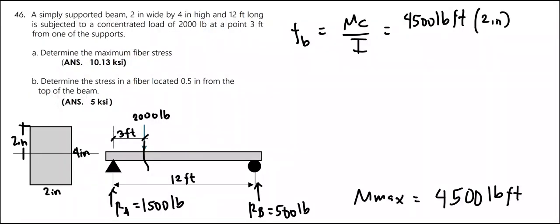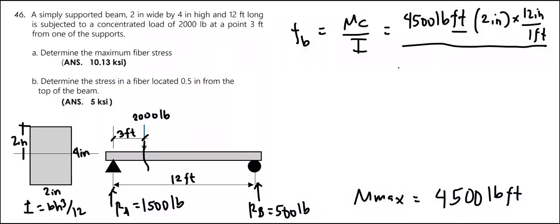And to make our dimensions consistent, let's convert this unit foot into inches by multiplying a conversion factor of 12 inches per 1 foot, divided by the moment of inertia, that is equal to base times height cubed divided by 12. We have the base equal to 2 inches times the height of 4 inches cubed divided by 12.